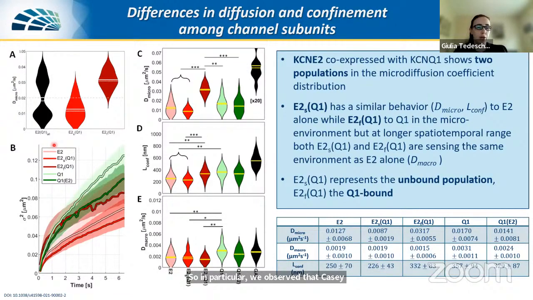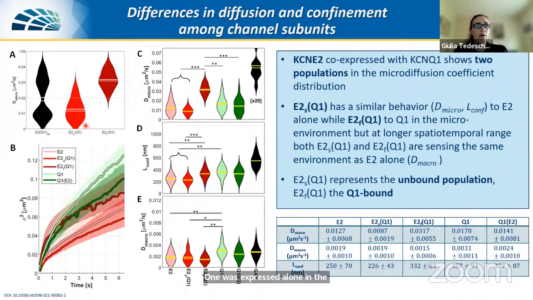In particular, we observed that KCNE2, when co-expressed with KCNQ1, was showing two different populations. We separated these two populations, and we observed that the slow diffusion population of E2 was having a similar behavior to E2 when it was expressed alone in the microenvironment.